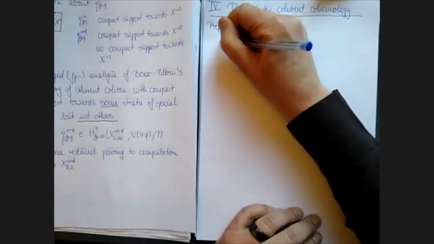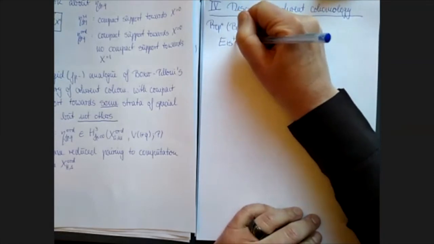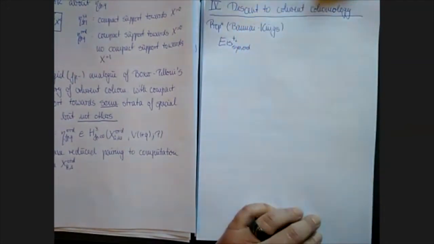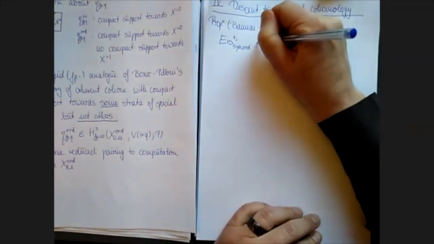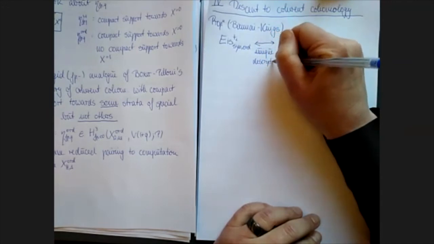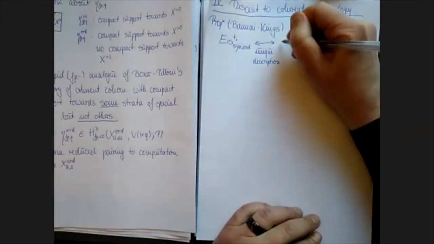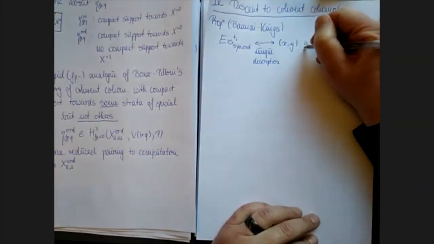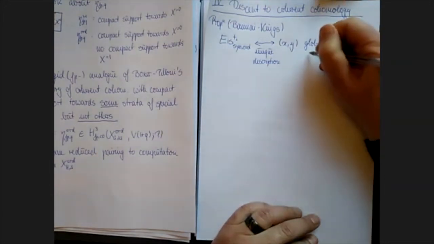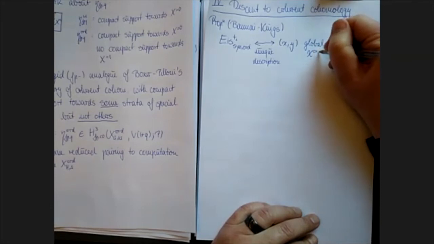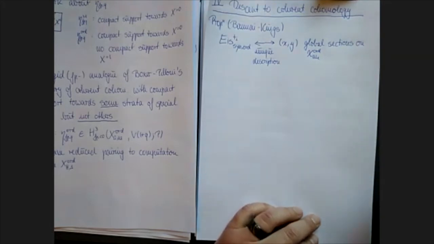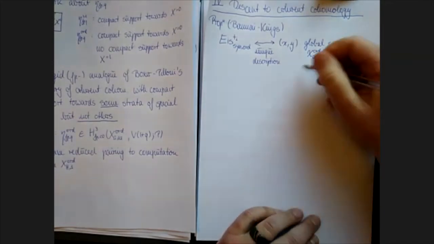Namely, if we look at the restriction of the GL2 Eisenstein class, so here i is 1 or 2, if we look at the restriction of the syntomic Eisenstein class to the ordinary locus, then this has a unique description in terms of a pair of global sections, x and y, on the tube of the ordinary locus of the GL2 Shimura variety, well, with Gamma_0(p) level structure, but I mean, Gamma_1(p) level structure, but never mind.